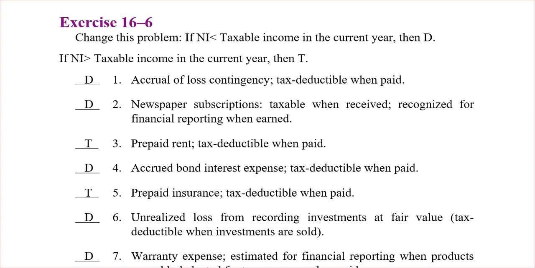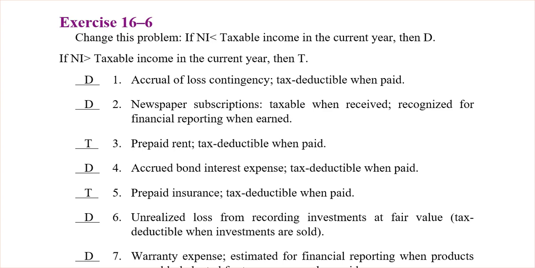When you pay your rent early, it's going to show up as a prepaid item in your financials, but it's going to come off of taxable income. So it's going to be the very opposite effect of what you had in 1. Number 3 is going to be the very opposite.